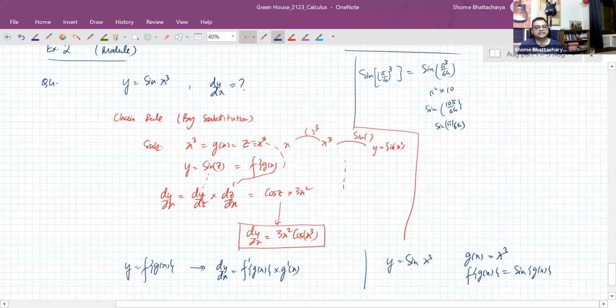So f's derivative is what? Cos. So dy by dx will become cos of g of x, and g of x is what? X cube, into g prime x, which is 3x square. So directly it is 3x square cos x cube.